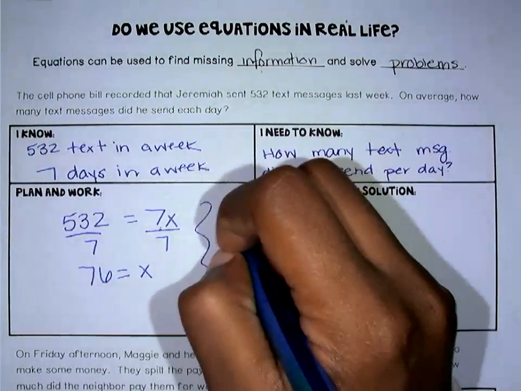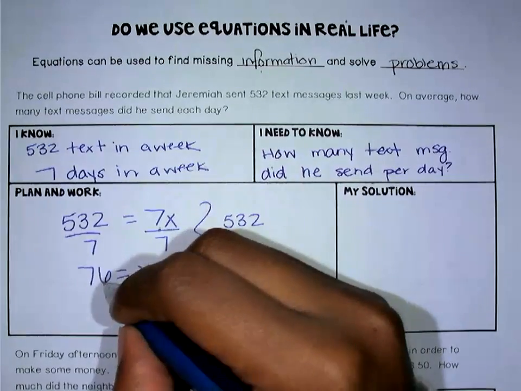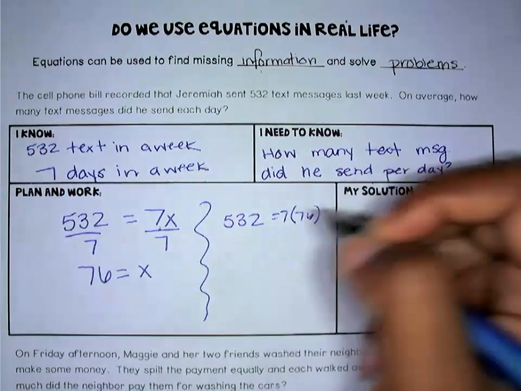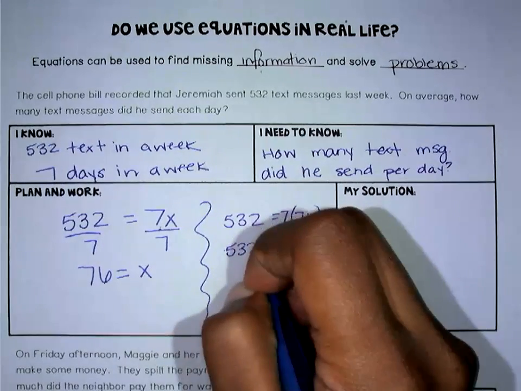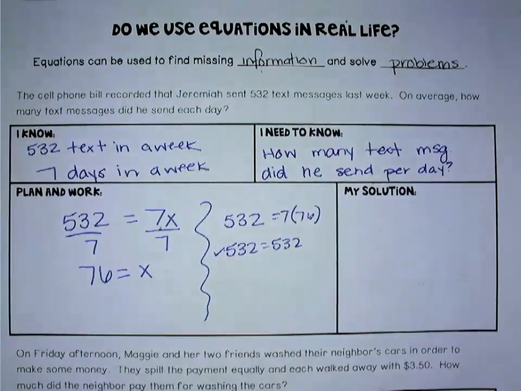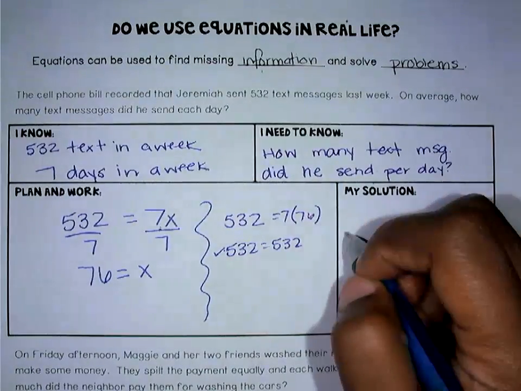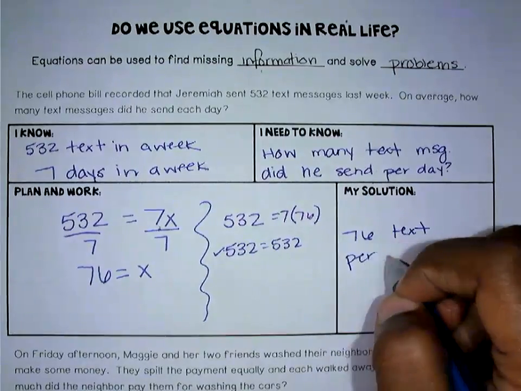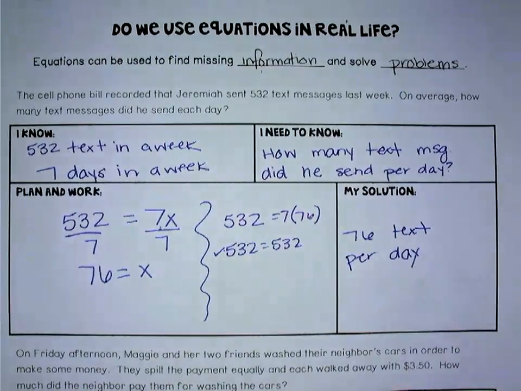You would have 532, replace your x now with 76, equals 7 times 76, and when you check that on the calculator, you have 532 equals 532, and that checks out. So your solution would be 76 texts per day. It's a lot of texts in a day.